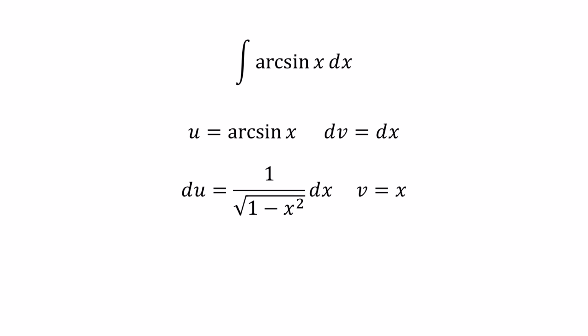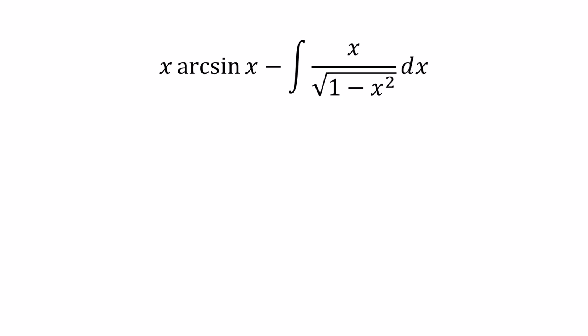Applying the integration by parts formula then gives us x arcsine of x minus the integral of x over the square root of 1 minus x squared dx.